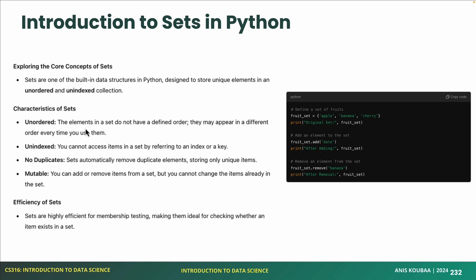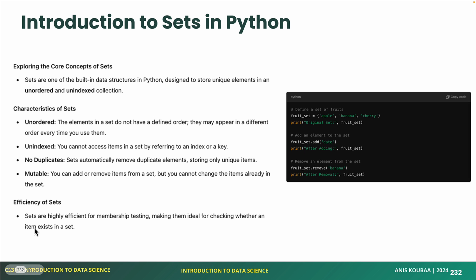There is no order in the set. It is not indexed. You cannot access a set by a certain index, and it has no duplicates. Even if you add an existing element into a set, it will not be added. It will only keep one instance of each element, and it is mutable. It means you can add other elements that are different into the set.